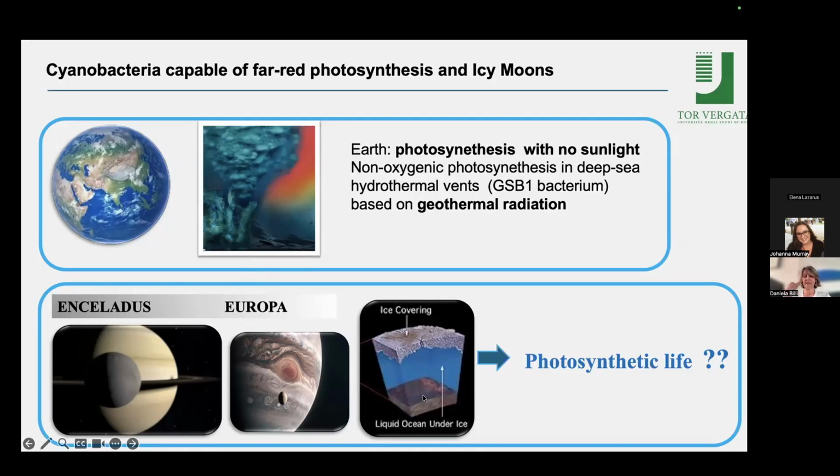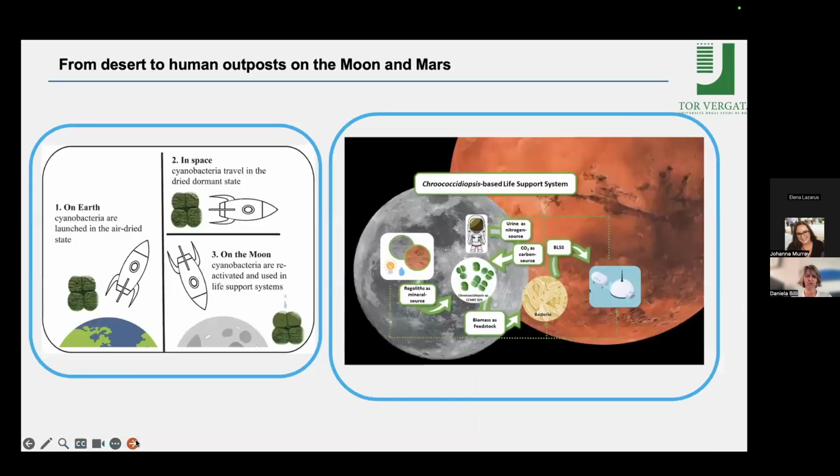And since this ejection will be in space vacuum, doing these studies using a desiccation-tolerant cyanobacterium is also very convenient. And all this, of course, also has some implications, not only for astrobiology, but also for space biotechnologies.